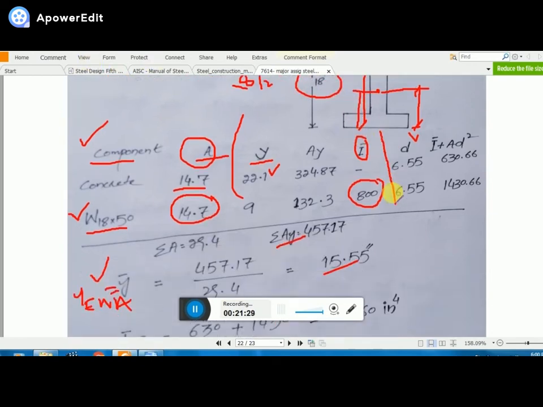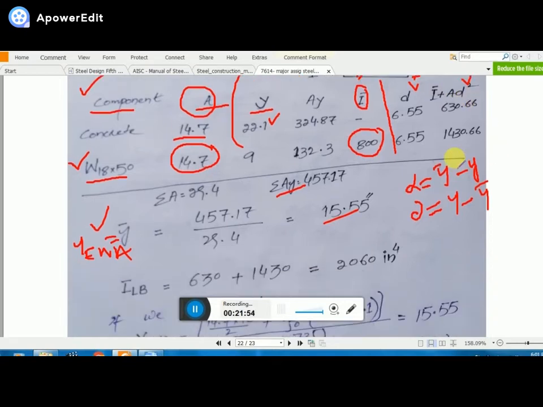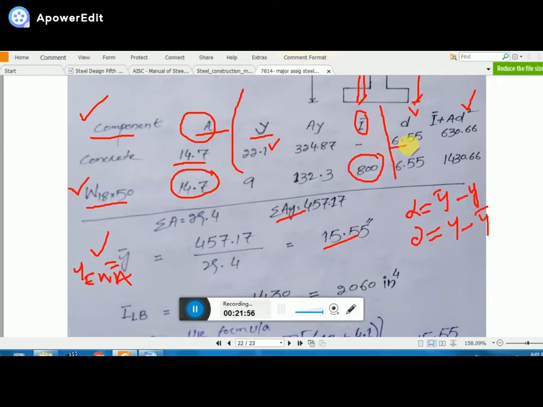Now, then we have to calculate this d. So this d is the central location y-bar minus y1, okay, or you can say d is equal to y minus y-bar. Although sign doesn't matter because here we have to square, so the square cancels out the negative positive effect. So here you see the 6.55.